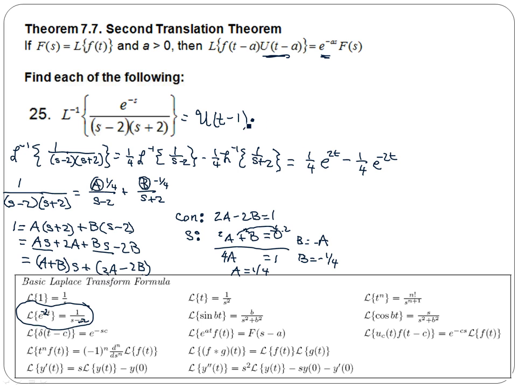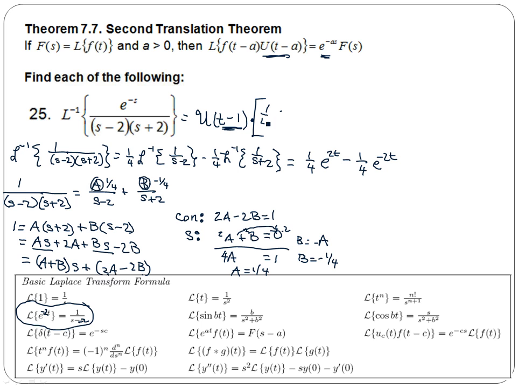Now when I bring this up here, for the inverse Laplace of e to the negative s over (s minus 2)(s plus 2), I have that unit step function with the shift t minus 1. I'm going to multiply that by the inverse Laplace of 1 over (s minus 2)(s plus 2) with that same shift. So my t's are going to shift so that they become t minus 1.